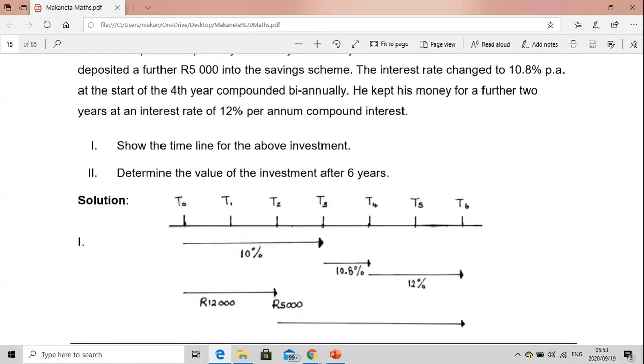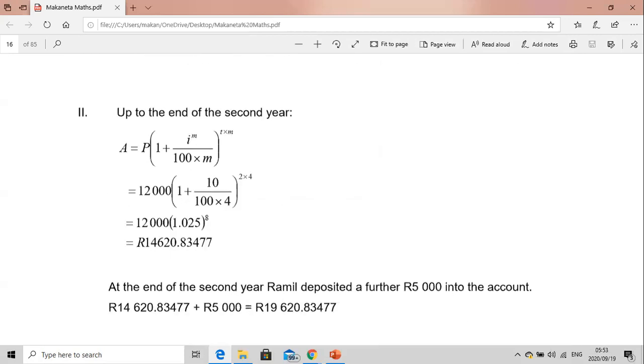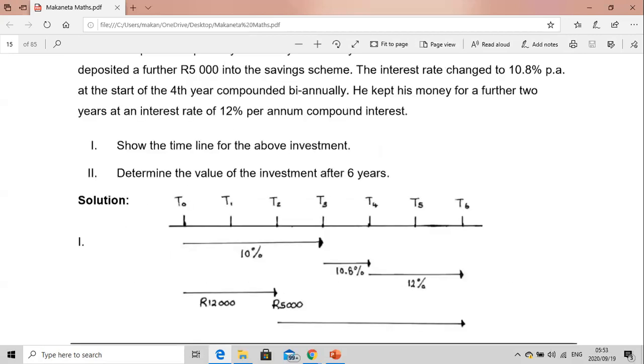So a further 2 years simply means from 4 years there, you'll have 5 and then 6. So a further 2 years at 12% per annum, which has got compound interest. So we have just shown you now the timeline in relation to these investments that were made.